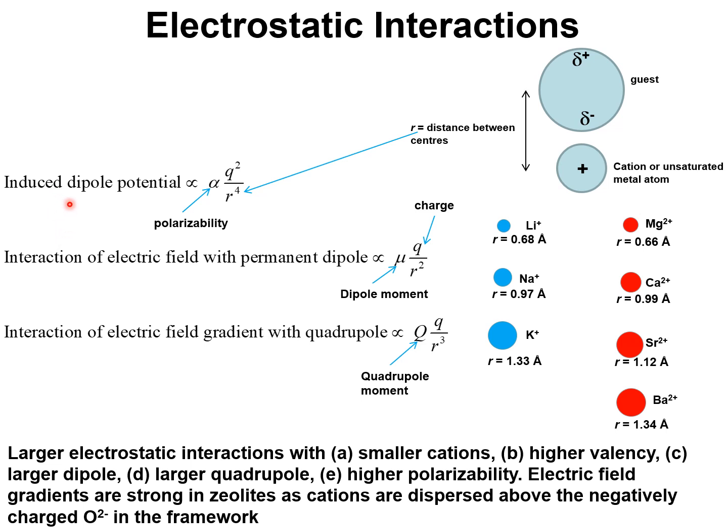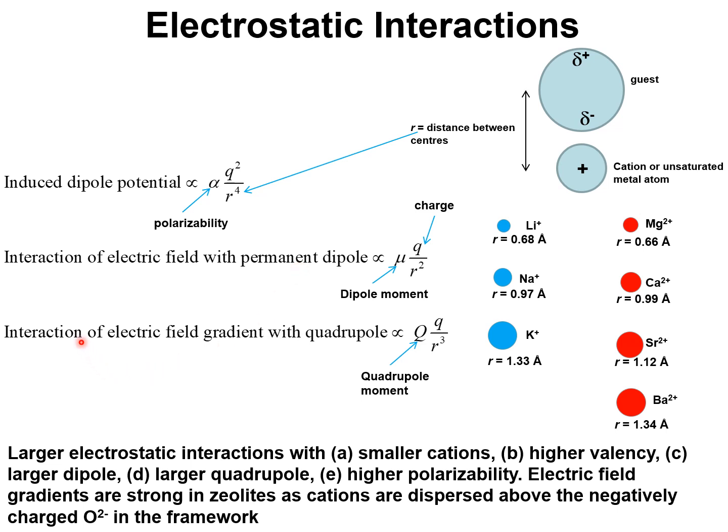Basically, we can distinguish between three types of electrostatic interaction potentials. One due to induced dipoles. The second one due to the interaction of the electrical field with the permanent dipole of the guest molecule.